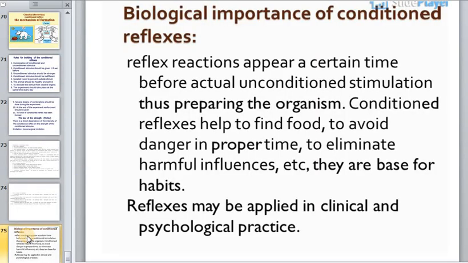Reflex reactions appear at a certain time before the actual unconditioned stimulus, thus preparing the organism, and conditioned reflexes help to find food, to avoid danger in the prepared time, to eliminate harmful influences, and they are the base for habits.